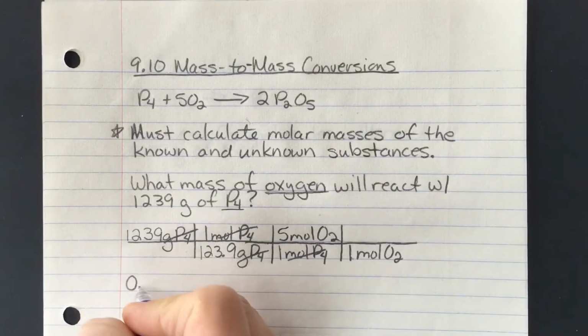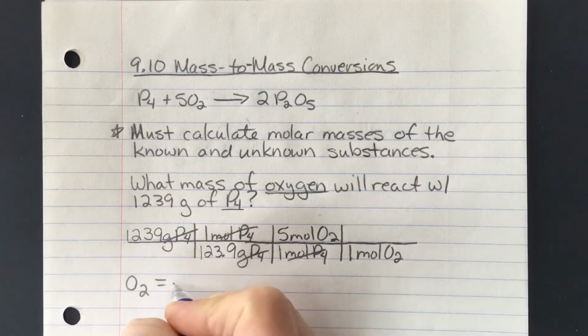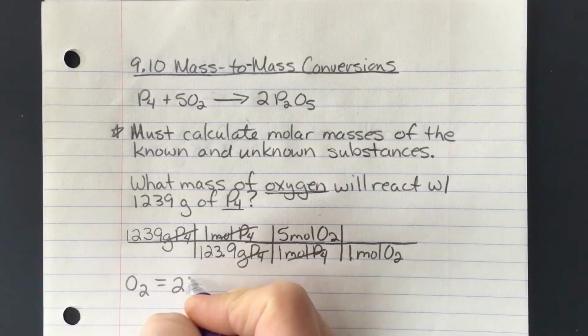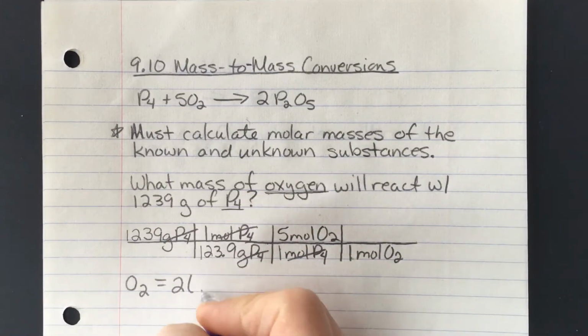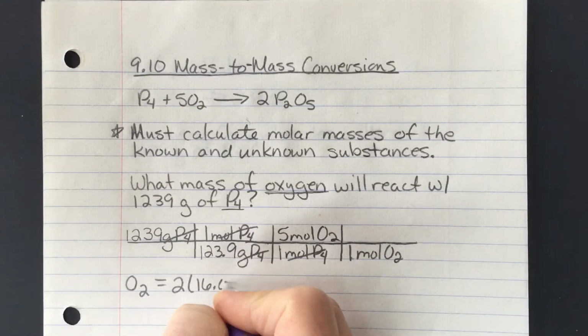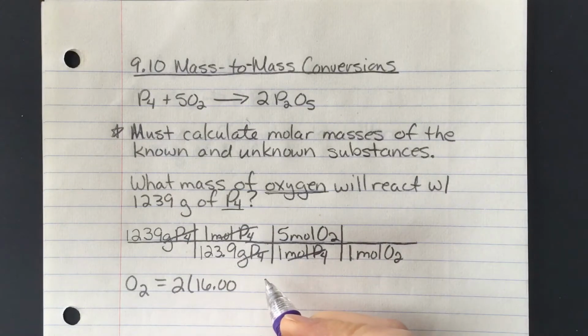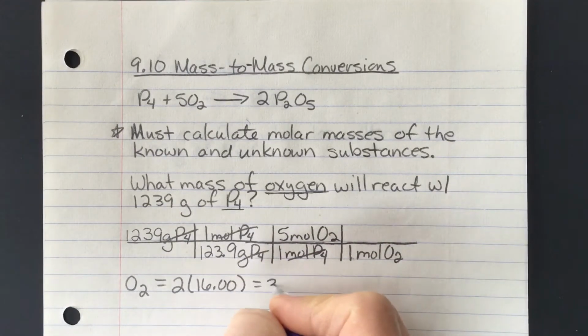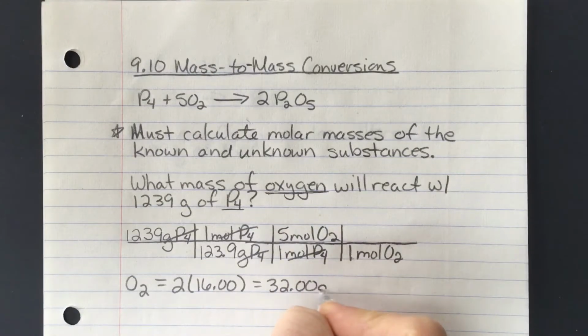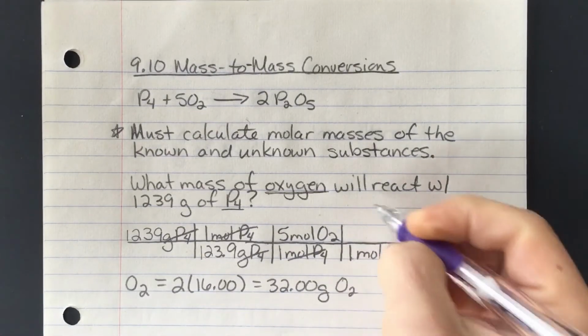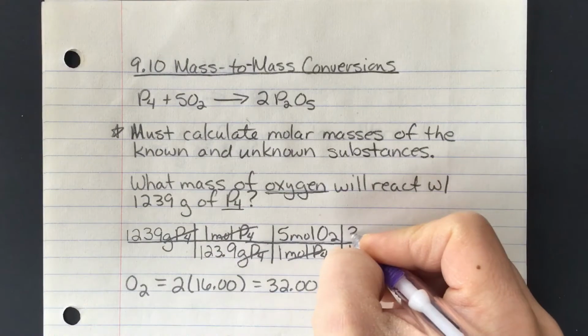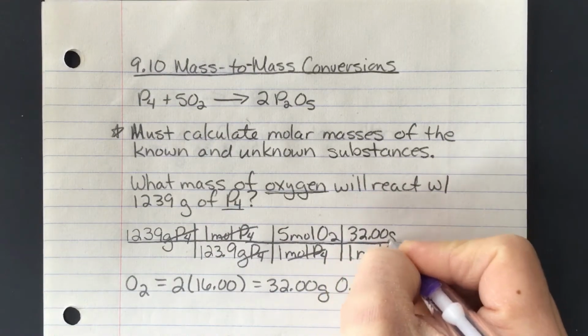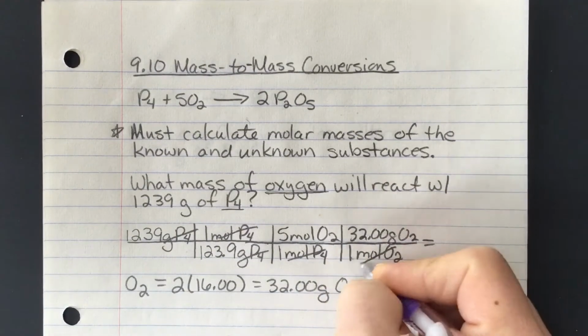Well, I don't quite know that yet, but I can go down here and I see it's 2 times. From my periodic table, the molar mass of 1 atom of oxygen is 16, so I get 32 grams of oxygen. So up here, 32 grams of oxygen.